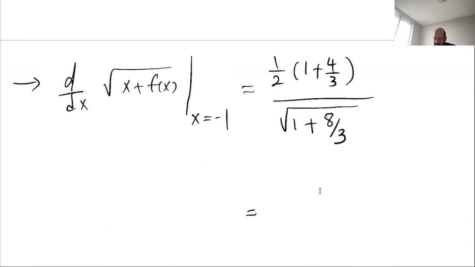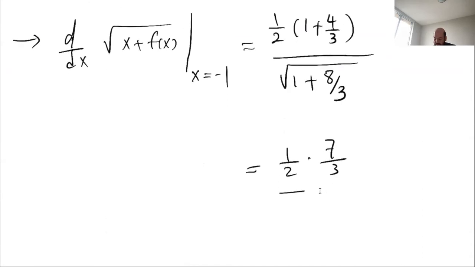So how much is that going to be? 1/2 times 7 over 3 divided by square root of 11 over 3.